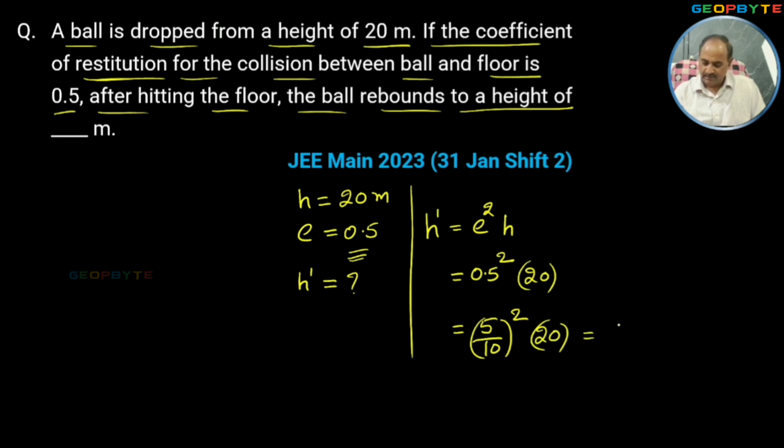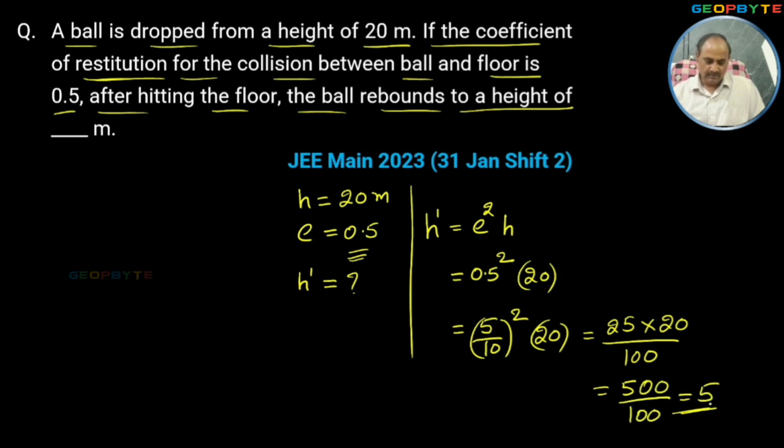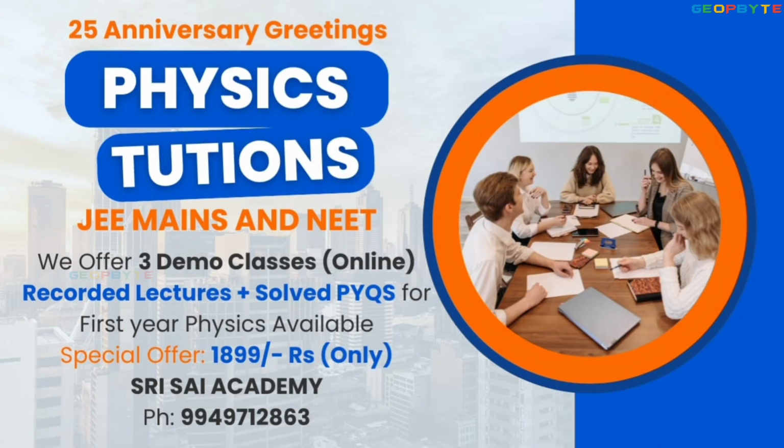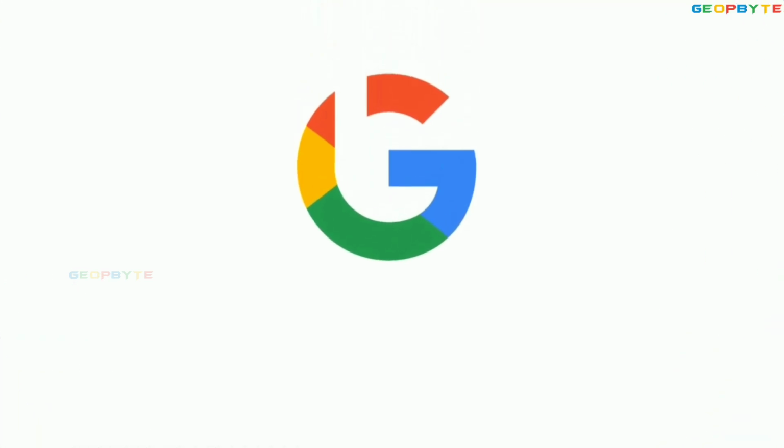Now you can simplify it. 25 into 20 divided by 100, right? 10 square is 100. 25 into 20 is 500, and 500 divided by 100 is equal to 5. So the rebounding height of the ball is 5 meters. Understood clearly? Yes.